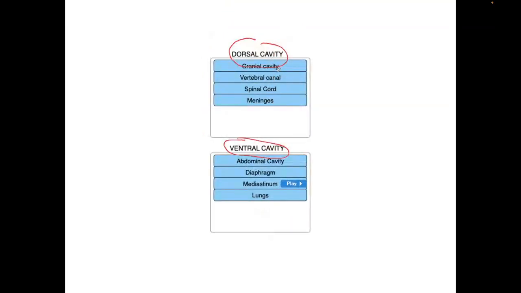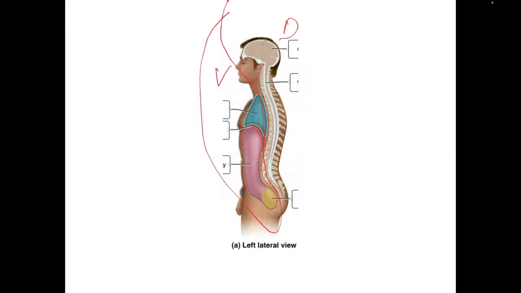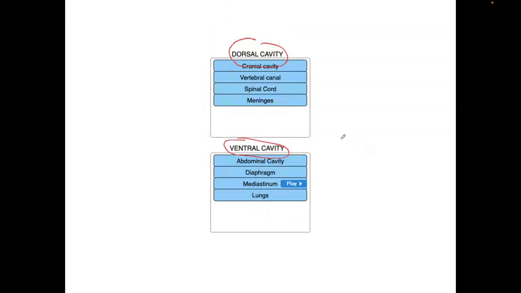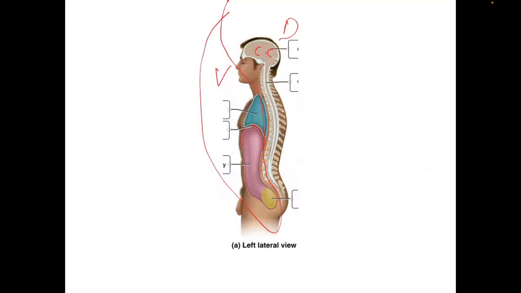So when we have the dorsal cavity, it's the cranial cavity. Well, that's going to be here. That's the cranial cavity. The vertebral canal, spinal cord, and meninges, well, all of that is going to lie within here. Spinal cord, meninges, cerebral spinal fluid, all that's back here.